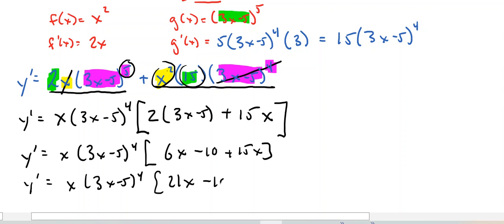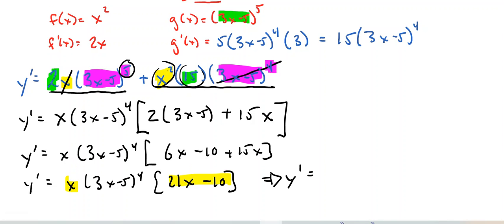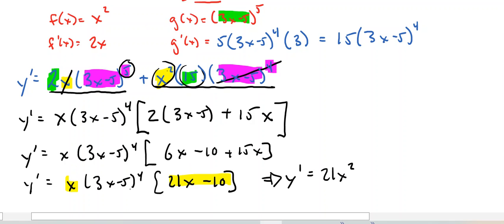And since this is all raised to the first power and x is raised to the first power, we could then write this as multiplying the x times this. We get 21x squared minus 10x. And that is in parentheses. And we have the (3x minus 5) to the 4th power. And that would be the best way to write the final answer.